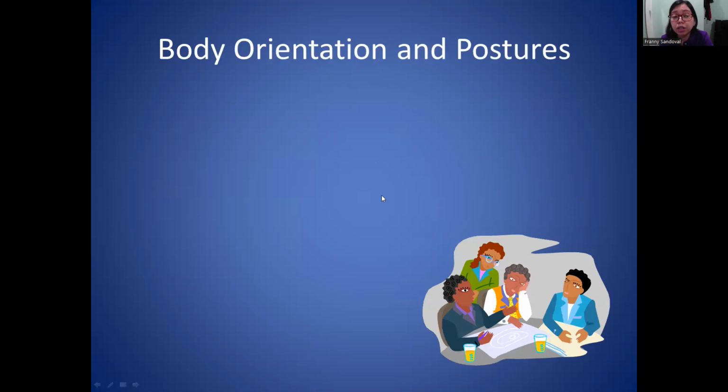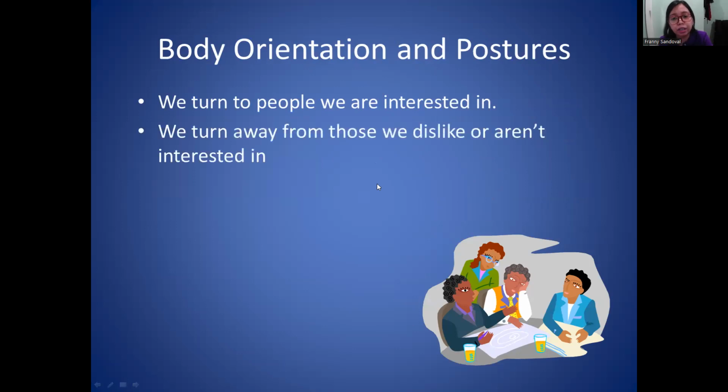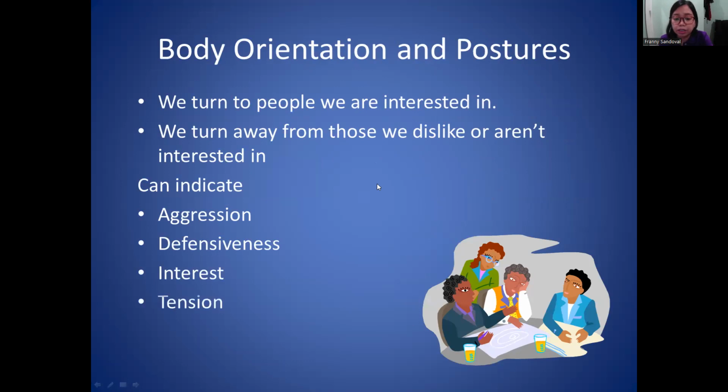Body and body orientation and postures. We turn to people we are interested in. We turn away from those we dislike or aren't interested in. Body orientation and postures can indicate aggression, defensiveness, interest, tension, and so on.